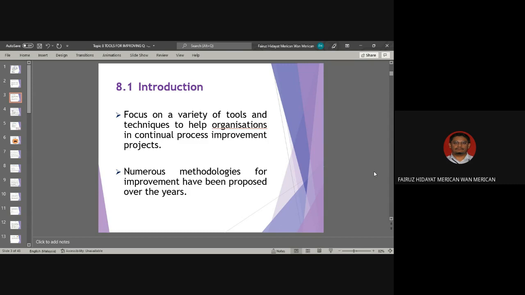It all depends on the needs and the capabilities of the various organizations. And these tools are continuously being updated, improved, and enhanced, and we might have new tools or new approaches in the future that can be applied to quality control and quality improvement.